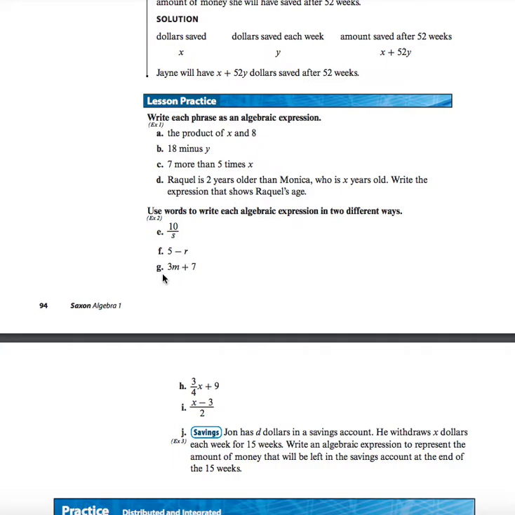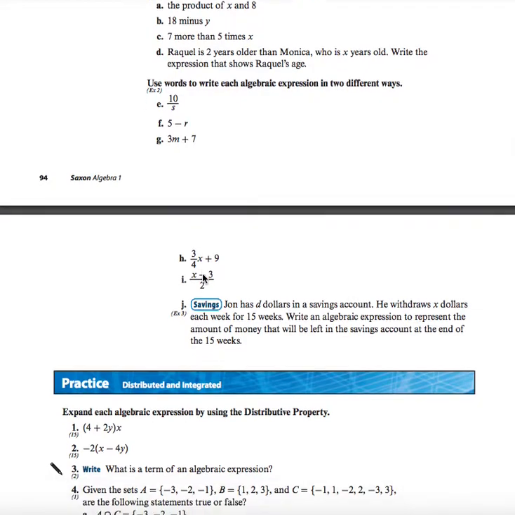Letter G, you've got 3 times m plus 7, or the product of 3 and m, and 7 more than that. The sum of 3 times m and 7, with 7 being added to the end. So you have multiple ways in which to write that out. When you have two operations, make sure you separate those operations in how you represent that.